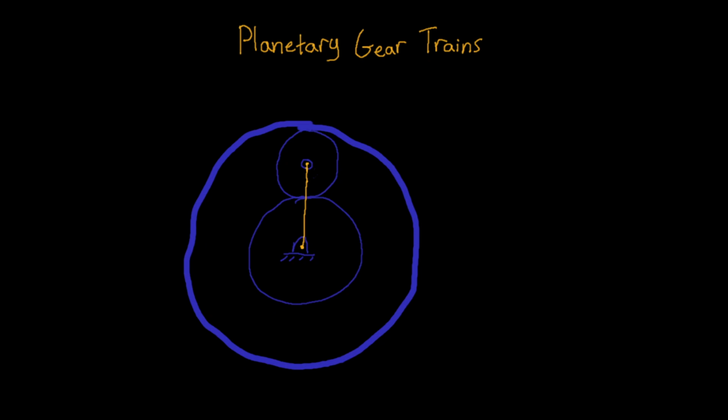We will call the ground 1, we will call the first gear 2, the next gear will be element 3, this thick gear we will call element 4, it's a ring gear, and the arm between elements 2 and 3 we will call 5.